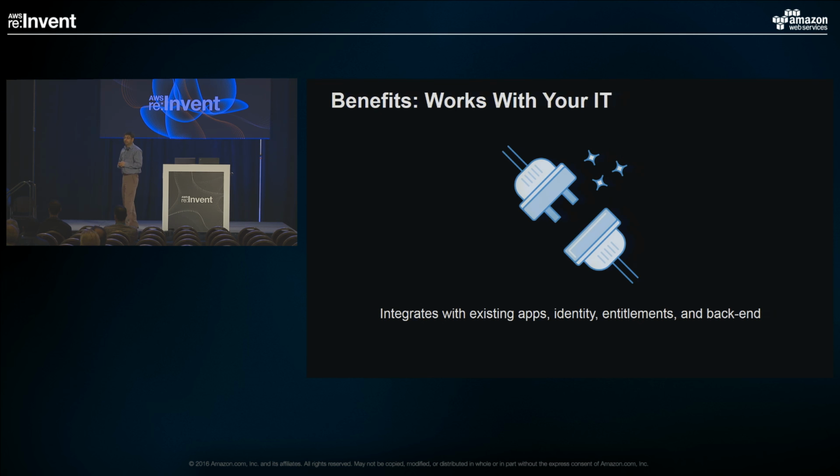The third one was, as Tosh mentioned, these applications don't work independently. They need data, toolchains, licensing servers, and a lot of other application interactions, and typically companies have set them up in a certain way and don't want to change it. We wanted to make sure that whatever offering we did works with that set of constraints or requirements.